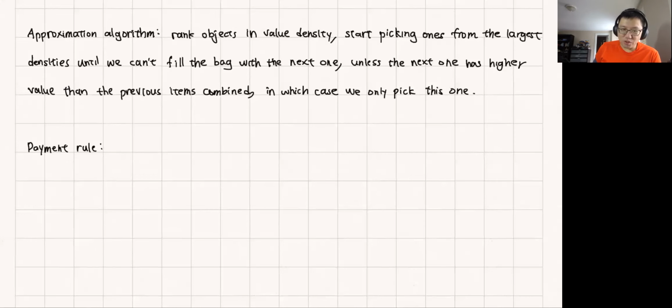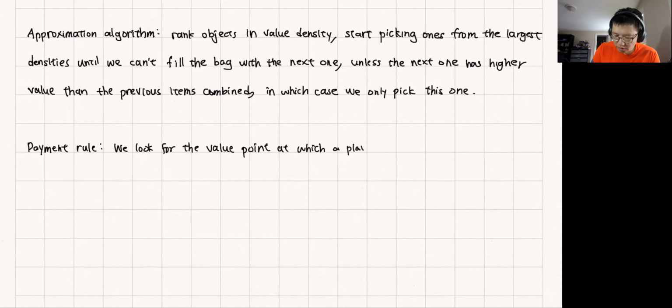there is essentially just one jump in the payments, right? So you either get 0 or 1. So what we do is we look for the value point at which a player is selected or not selected.